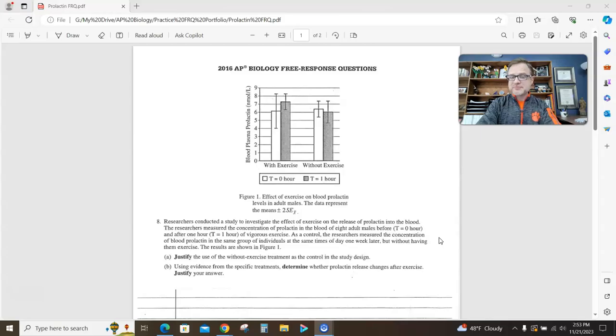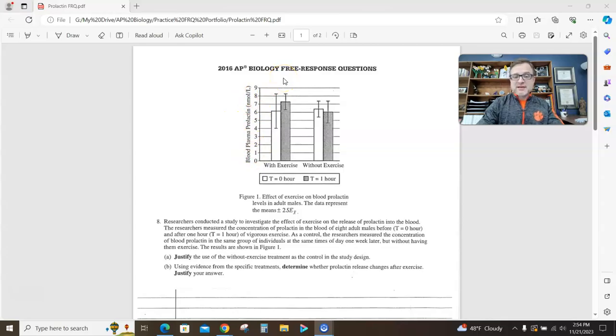And the way you answer it is the purpose of the control is to make sure, and you fill in the blank, to make sure that the change in the dependent variable is due to the independent variable. In this case, on graphs, the independent variable is on the x-axis, which is exercise, and the dependent variable is on the y-axis, which is blood plasma prolactin in nanomoles per liter.